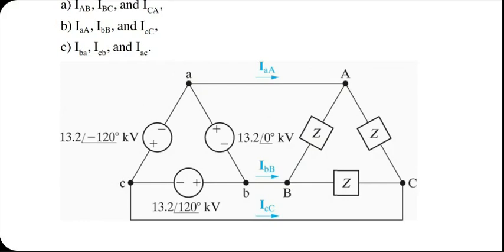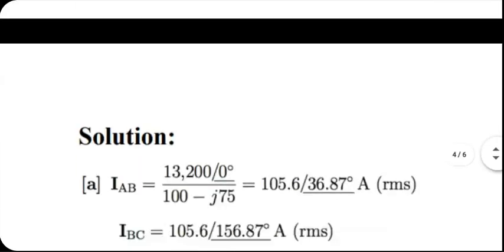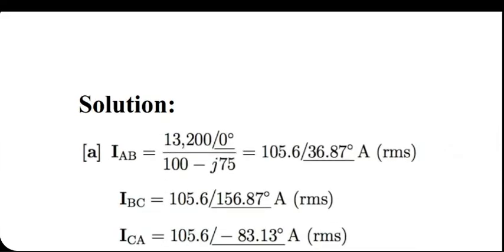Since there is no loss in the transmission lines, the total 13.2 kilovolt would appear across capital A, capital B. That divided by the complex value of Z should give you the current between capital A and capital B. That's what they are doing here. 13.2 becomes 13,200 volts, 0 degree phase shift.